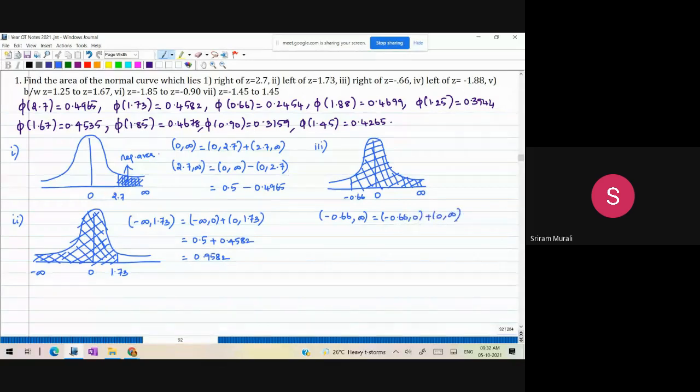I told you a standard normal variable should vary from 0, but here it is minus 0.66, so you should change this to 0 to.